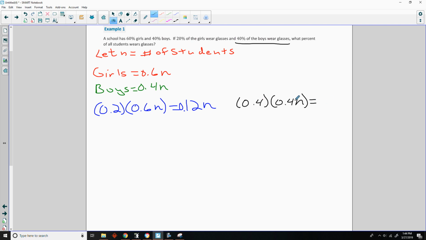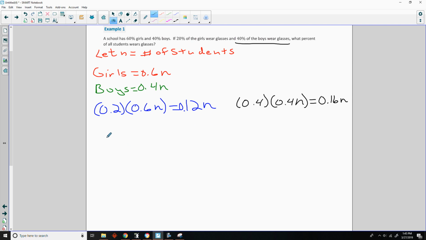All right, so now 0.4 times 0.4 is 0.16N. So that means if 40% of the boys, which is 40% of the school, that is 16% of the population wears glasses.